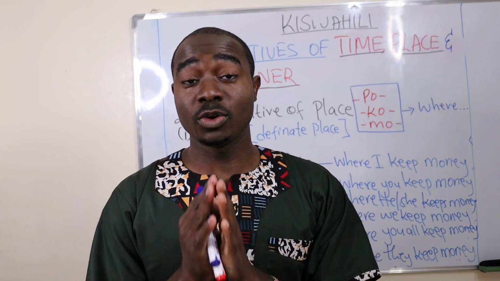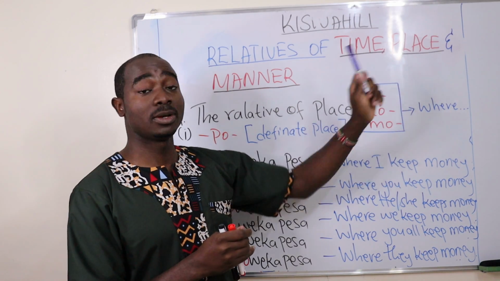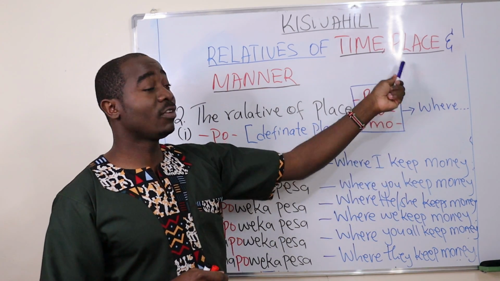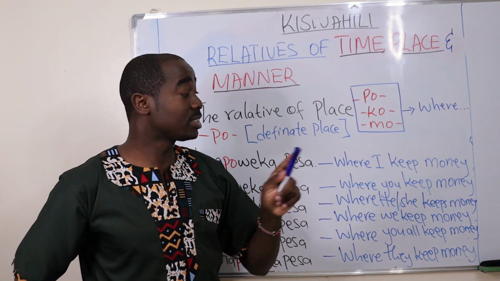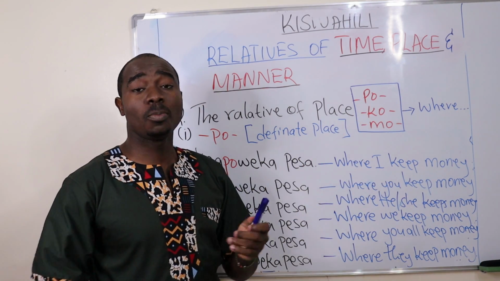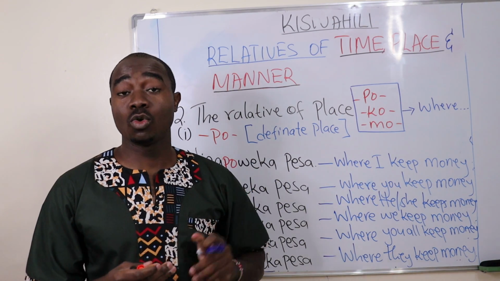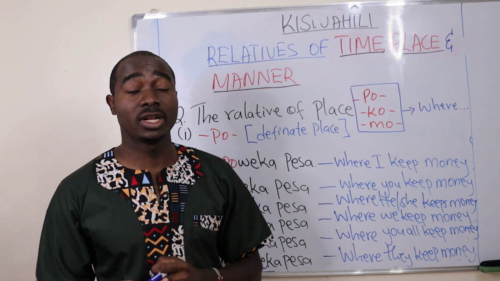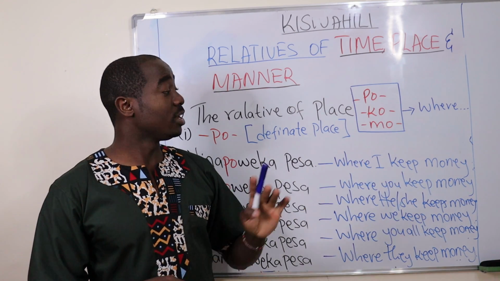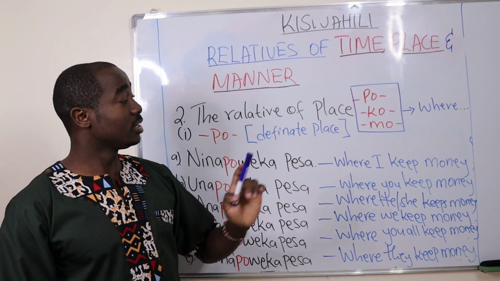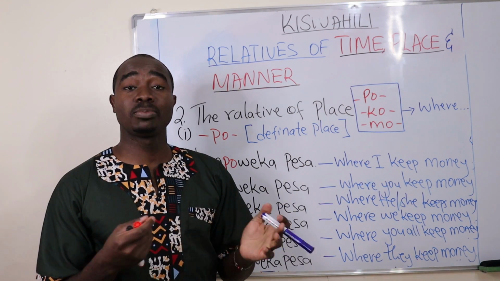In this lesson, we're going to talk about the relative of place. And this relative of place has its basis on the noun class pokomo or pakumu. If you've been studying Swahili, you might have encountered this. Now, these markers here indicate places.